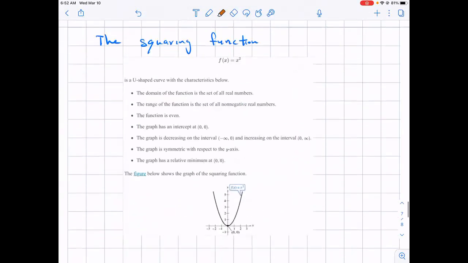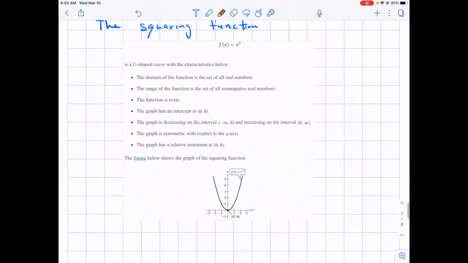If we look at the squaring function, it is also known as the parabola. So the graph of this is called a parabola. It is a U-shaped graph.